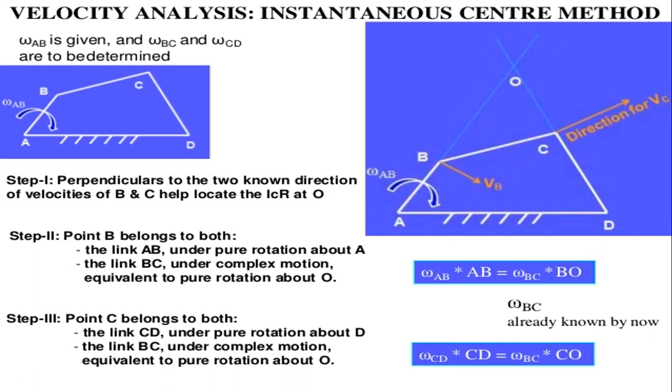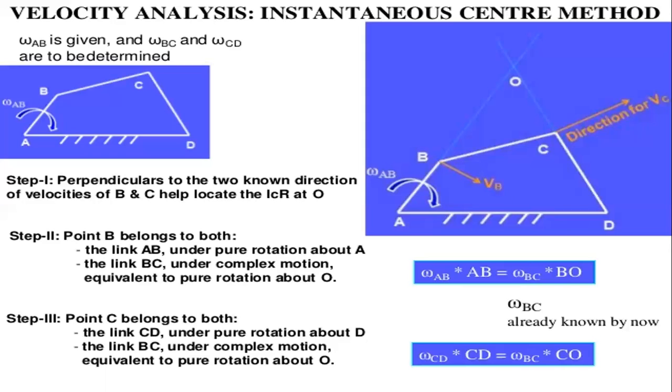So that is the pure rotation. And next, the link BC, which is under complex motion, is equivalent to pure rotation about O.